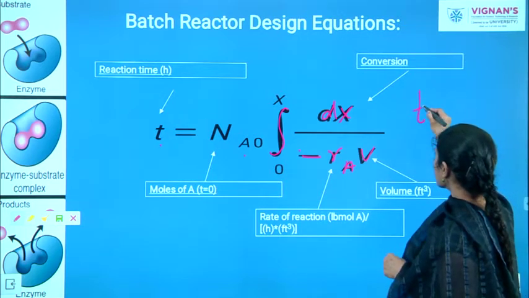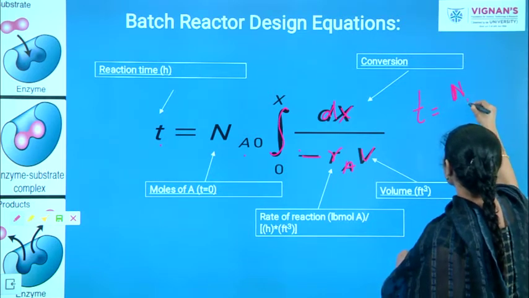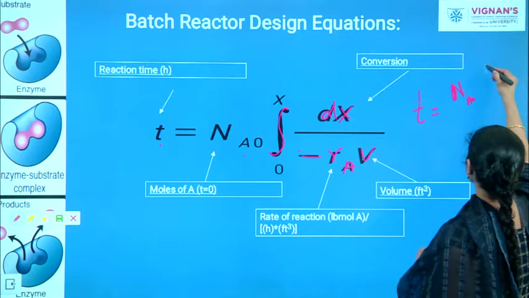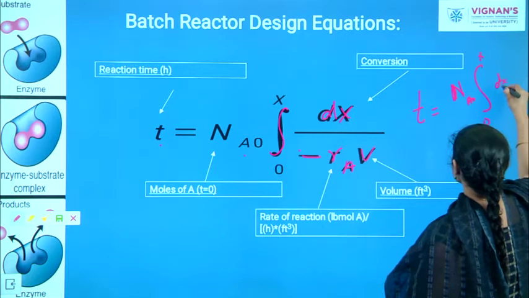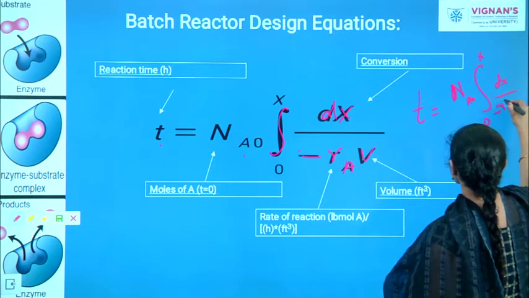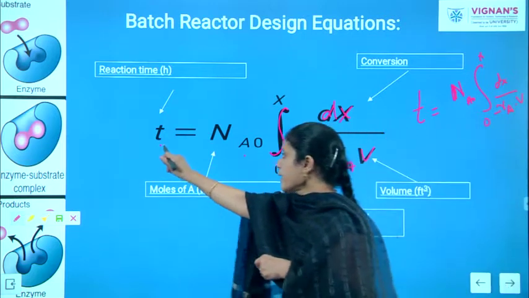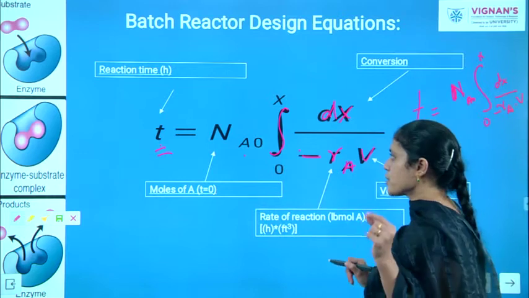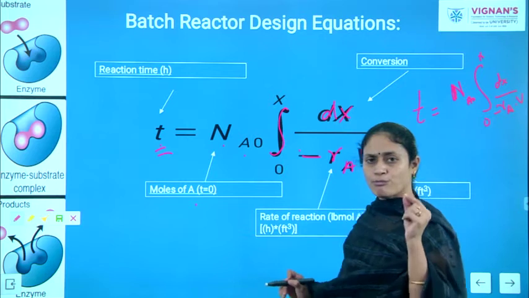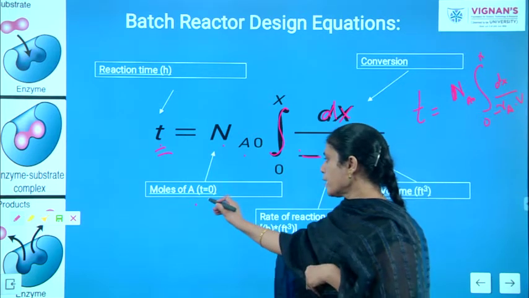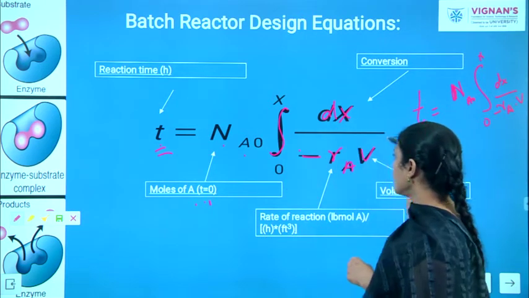The reaction time t is equal to Na naught into dX by minus Ra into V, where t is your reaction time, which is represented in hours, and Na naught is nothing but your number of moles of substrate at the initial time period, that is represented as t is equal to 0.